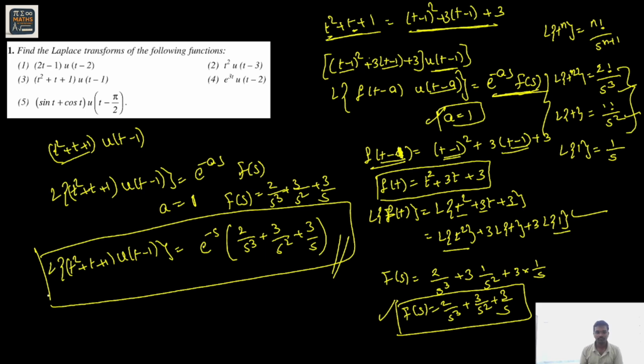Okay, fourth problem: e power 3t into u of t minus 2. We convert this t term into t minus 2.